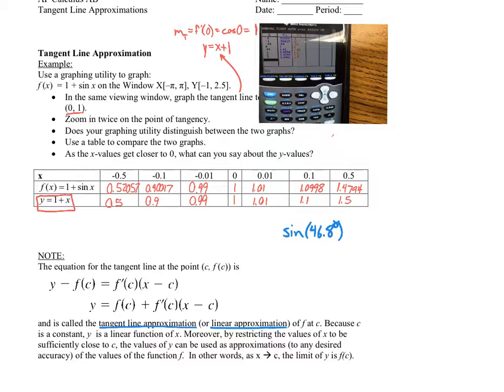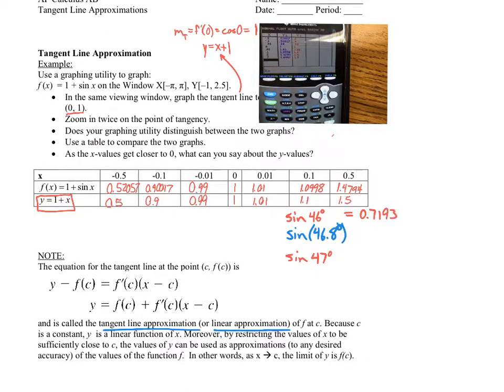So what you would have in your table is the sine of 46 and the sine of 47 degrees. Well, sine of 46 is 0.7193. We'll round to 4 decimals.